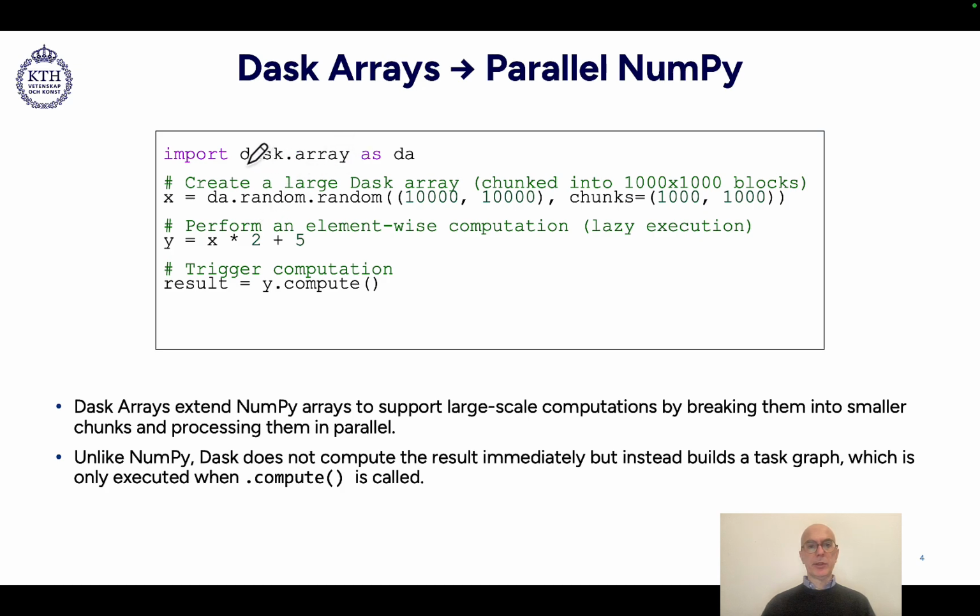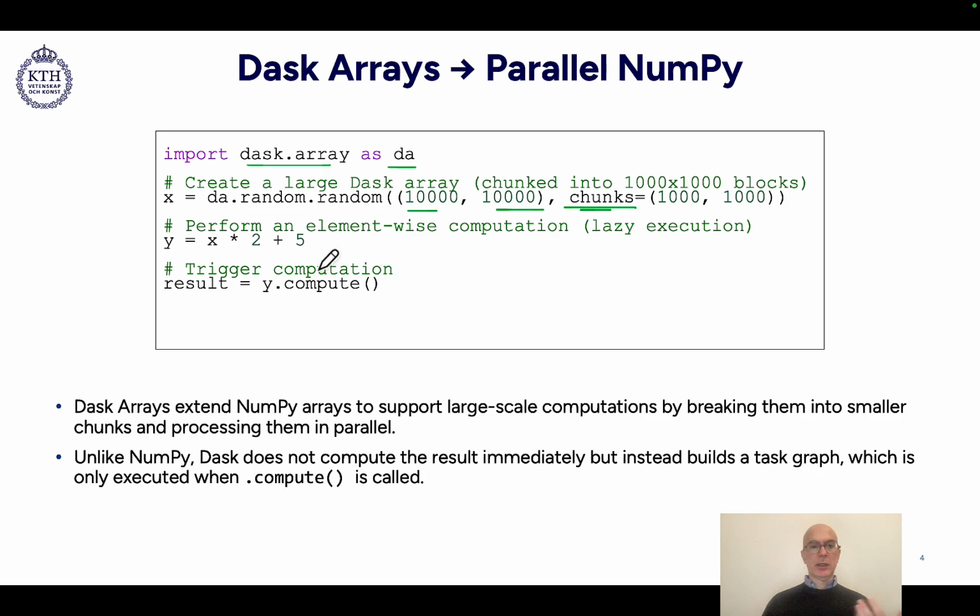We import the Dask array as A, and then we generate random numbers in a matrix, and then we say how we want to divide it for different processes, and the keyword here is chunks. So we create a 10,000 by 10,000 matrix with random entries, and we use chunks of 1,000 by 1,000. So we will have different chunks.